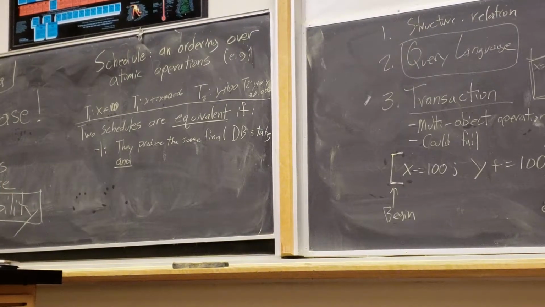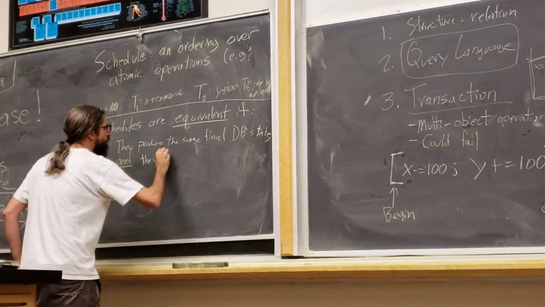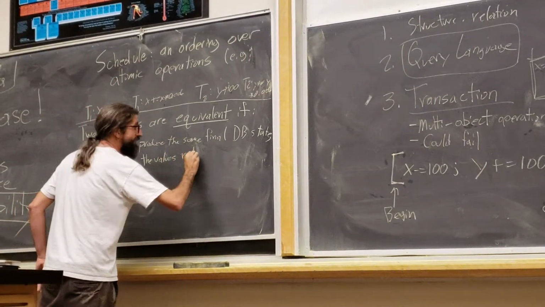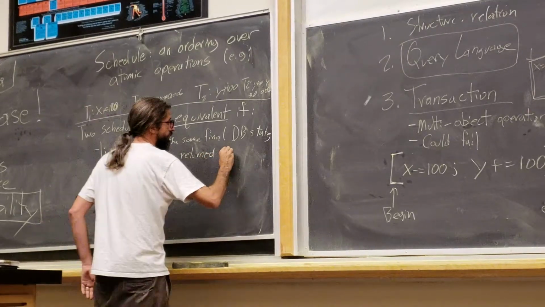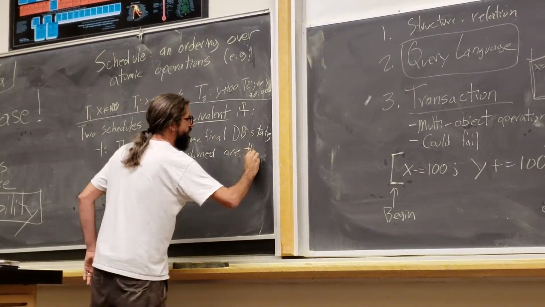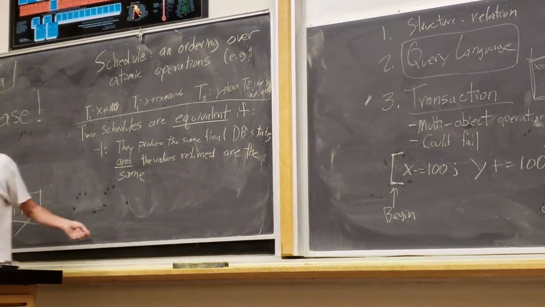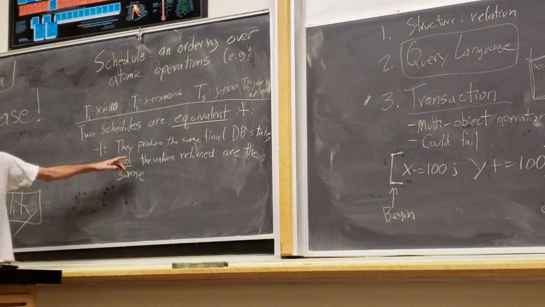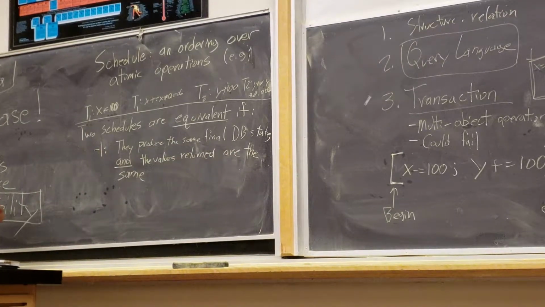And the values returned by reads or queries are the same, right? Because the database doesn't just store data, it also sends data back to clients. And the union of what's in the database and everything that we output, that's anything that anybody can ever see.